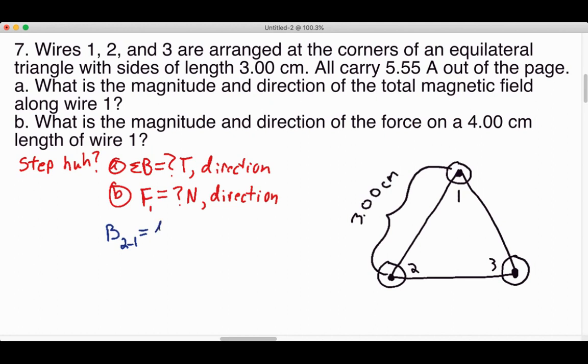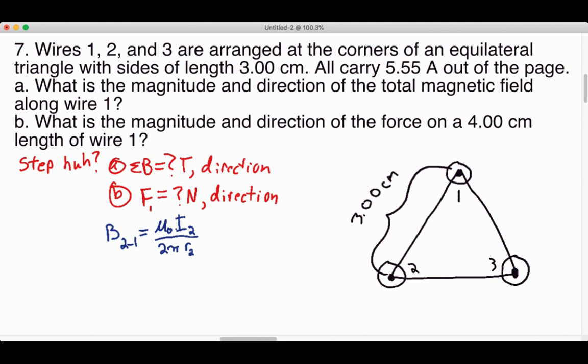And our formula for that, mu sub naught times I, let's call it I sub 2, since we're dealing with wire 2, all divided by 2 pi r, and call it r2. So that's the radius, the distance from 2 to 1.